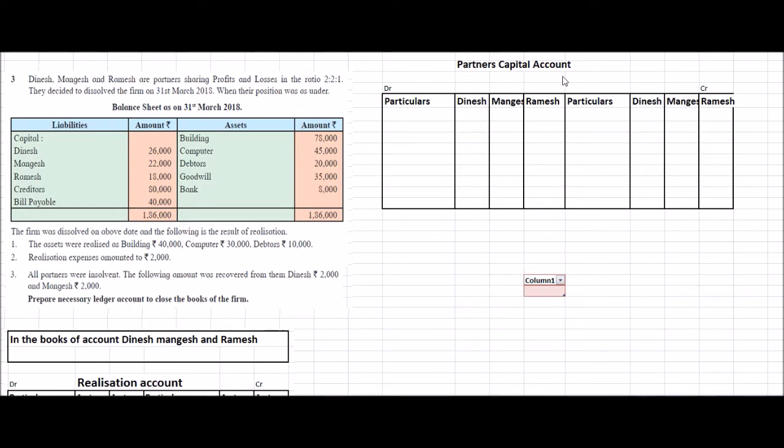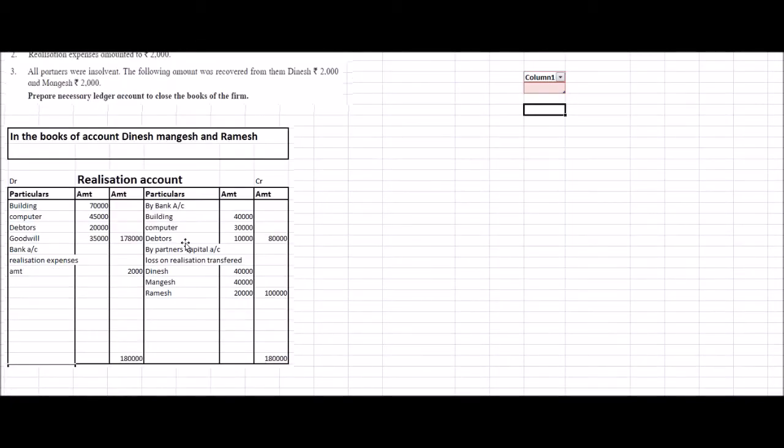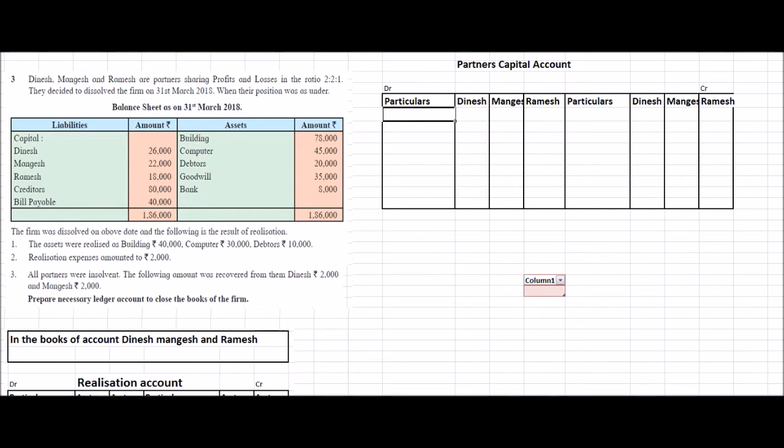In the partners' capital account, the debit side amount will be the realization account transfer amount, and the credit side amount will be the loss transferred here. To realization account.